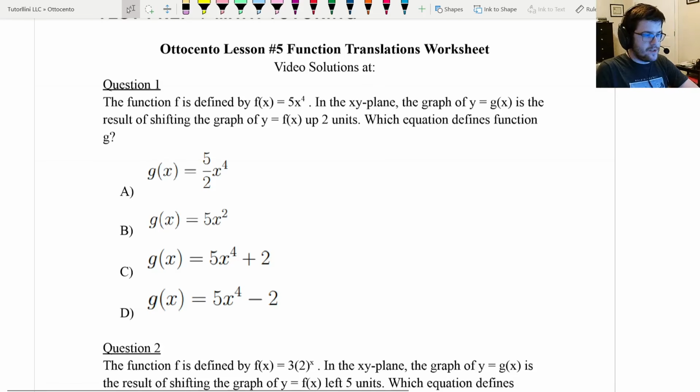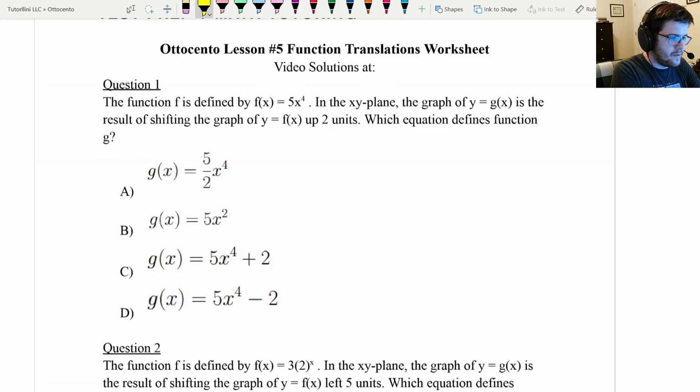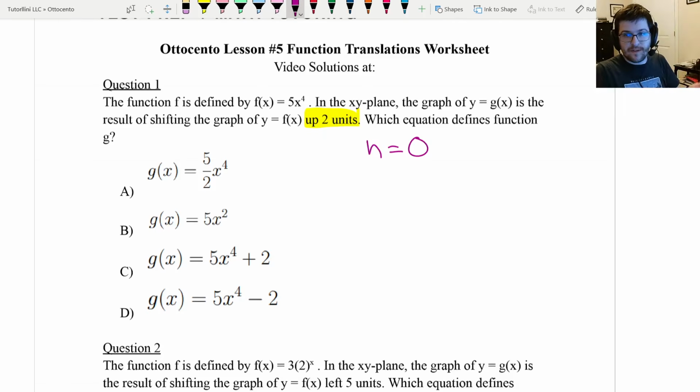Okay, let's get started. So this first one gives us a function and we want to take that function and shift it up 2 units. It doesn't mention any left or right, so h is just 0. Up is the positive y direction, so that would mean k is 2.